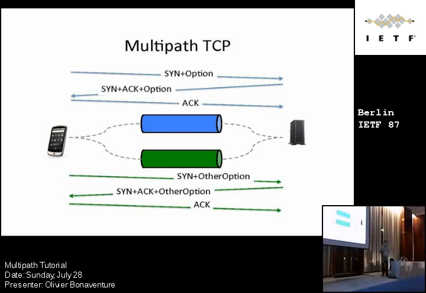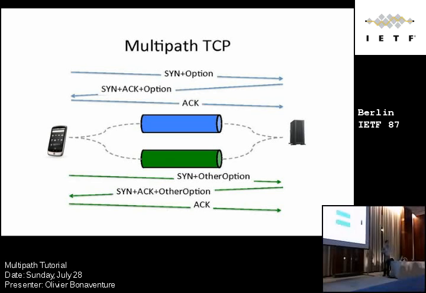To open it, I will have to use another option to distinguish the second subflow from the first one. The server will confirm that the second subflow is accepted and will be part of the multipath TCP connection. And then when you have the third ACK, you have the two subflows established, both for the server and also for the middle boxes that may exist inside the network. Then you can send data over the blue and the green subflow.